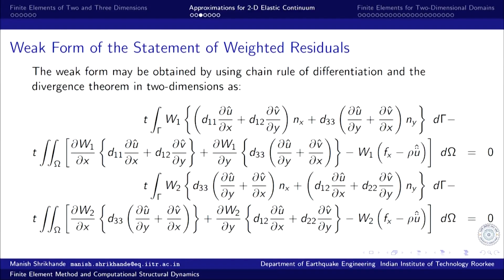And u hat will be again an interpolation approximation, a linear combination of N i, N j, N k, and this expression will also be based on N i, N j, N k.